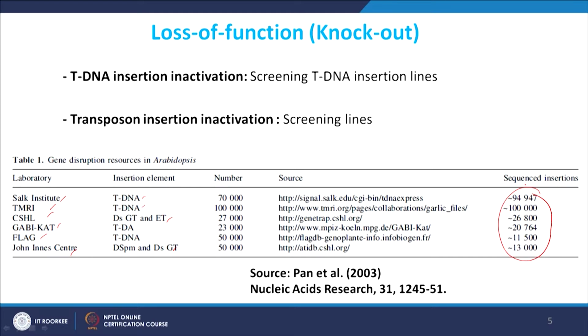You can choose any of the mutants, request or order it, and you will directly get those mutants for your detailed functional analysis. Many such collections of mutants are available.